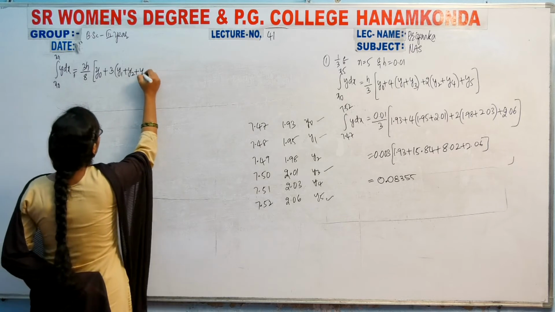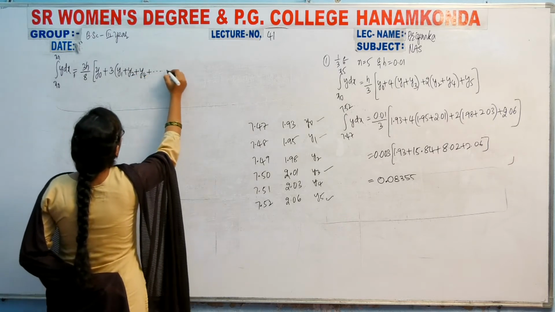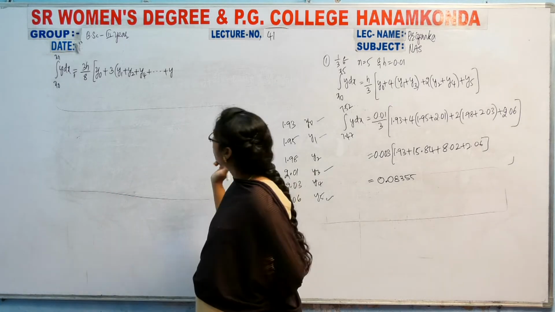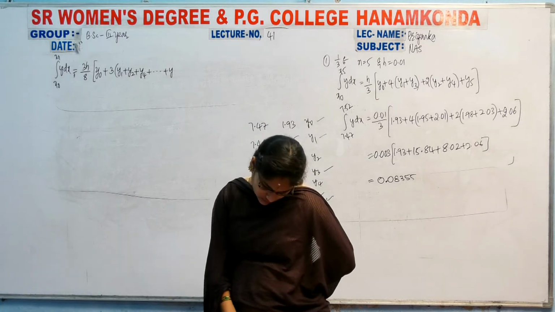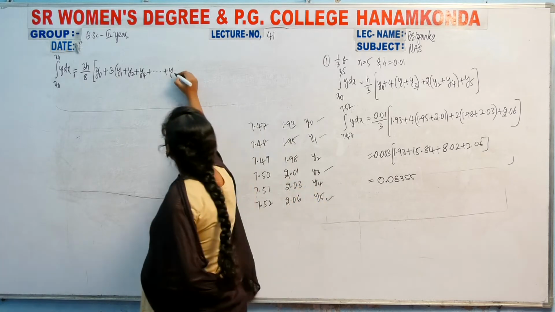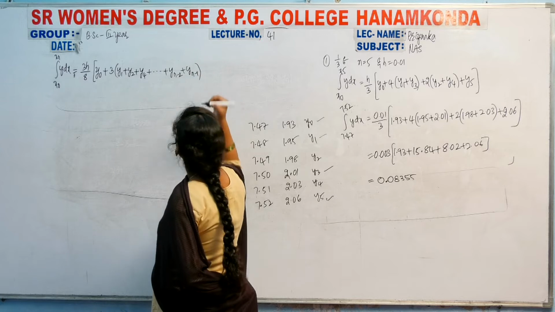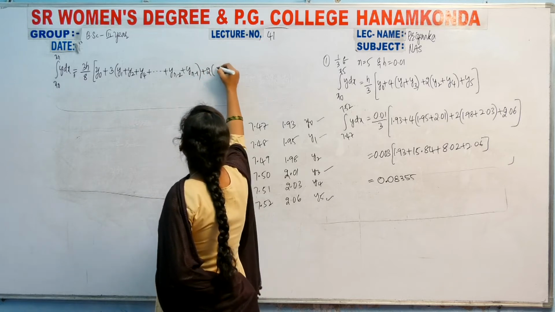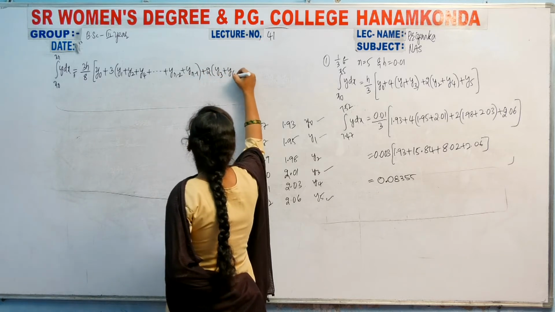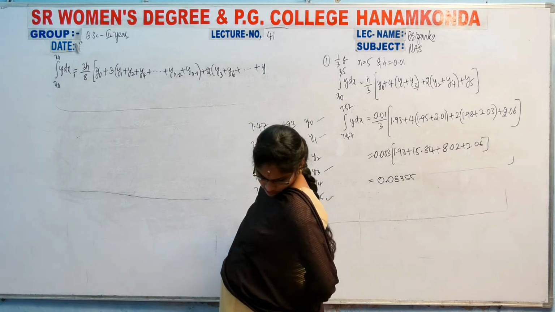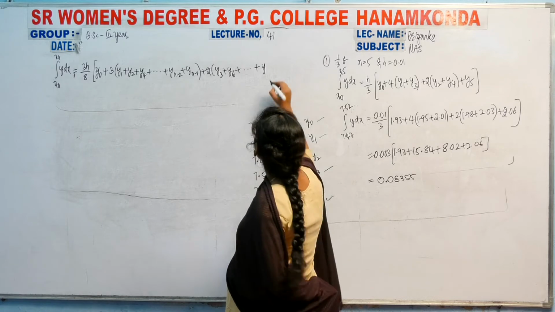So y4 plus so on, y n minus 2 plus y n minus 1. Okay, plus 2 of y3, y6 plus so on, y3n generally, otherwise n minus 3.